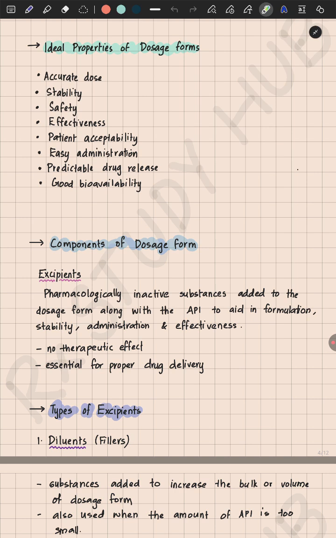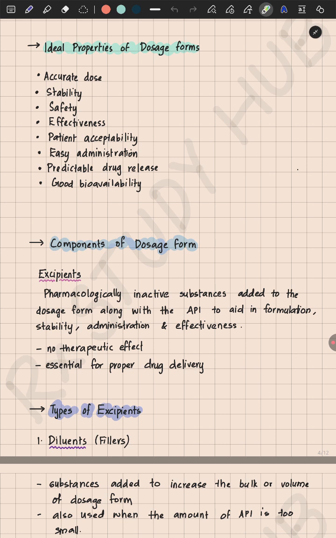It should provide consistent and predictable drug release so that the same dose produces the same effect every time. It should also be convenient and easy to administer because patient compliance plays a major role in treatment success. In addition to this, the dosage form should be acceptable to the patient in terms of taste, appearance, and texture, and it should be economical to manufacture and distribute.